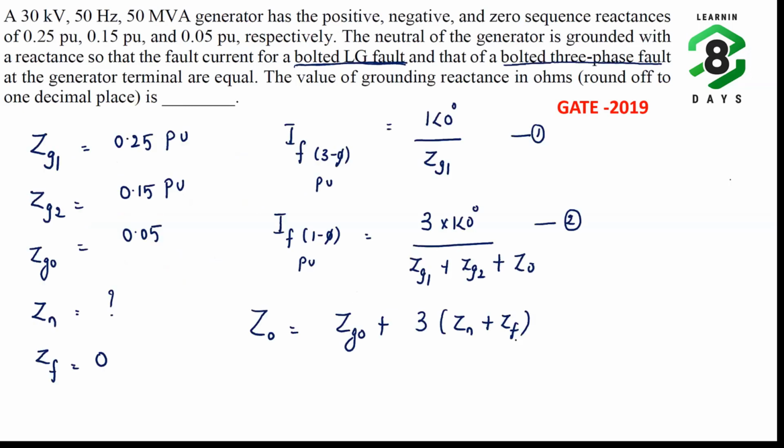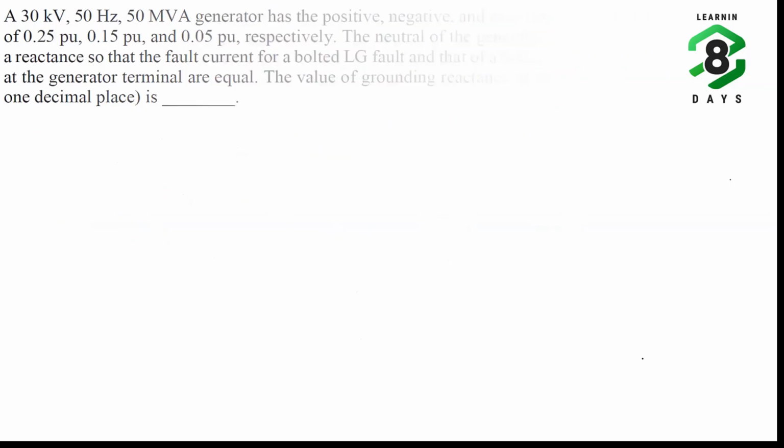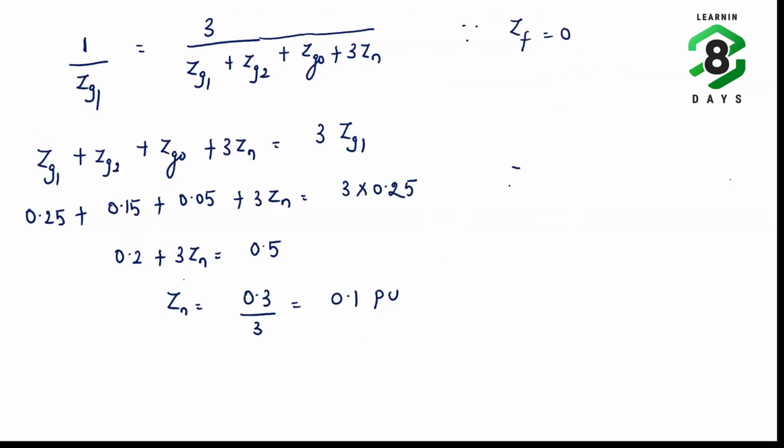But he did not ask for the value in per unit. He asked for the value in direct value, so you have to multiply this per unit value with the Z base. Z base is given by voltage base square divided by MVA base.